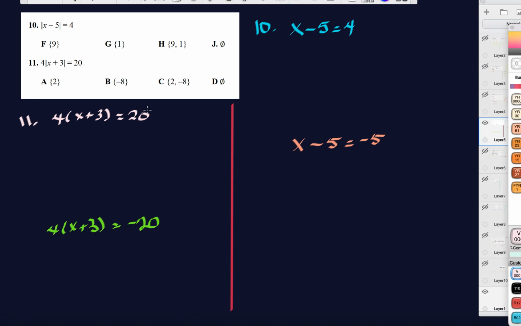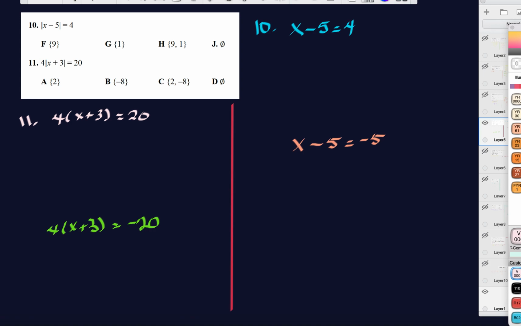You could distribute first, but the trick here is not the distribution. You don't really have to distribute here. You could divide both sides by 4, right? Because this being multiplication, if you undo the 4 by dividing, that goes away and it's x plus 3. If you divide this side by 4, you do get a whole number. So if that side is divisible by what's outside here, let's do it.